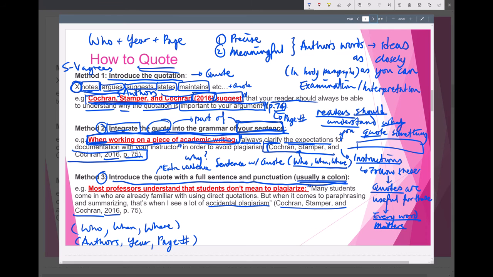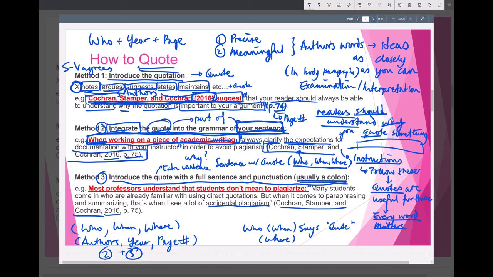So this is for methods 2 and 3. With method 1, you have the who, and then the when, and then your quote, or suggest. Let's put a simple one, says, and then your quote, and then after that at the end you have your page number, the where.